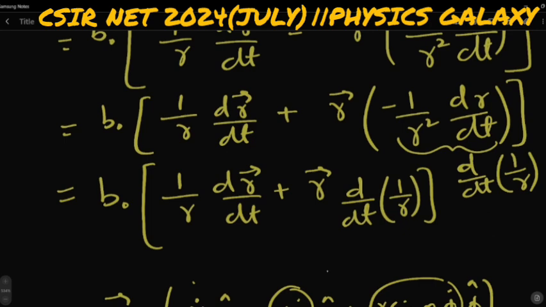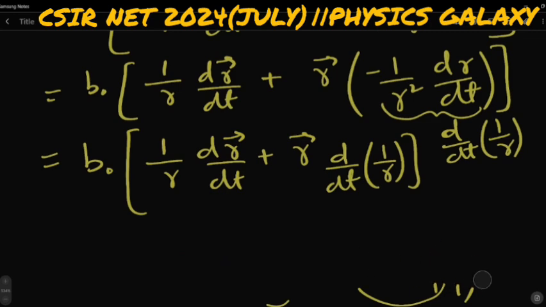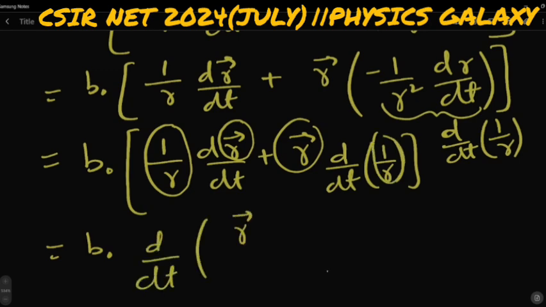If you look carefully at this expression, it resembles the product rule: first factor times differentiation of the second factor, plus second factor times differentiation of the first factor. So we can write it as B naught d by dt of r vector over r, right?